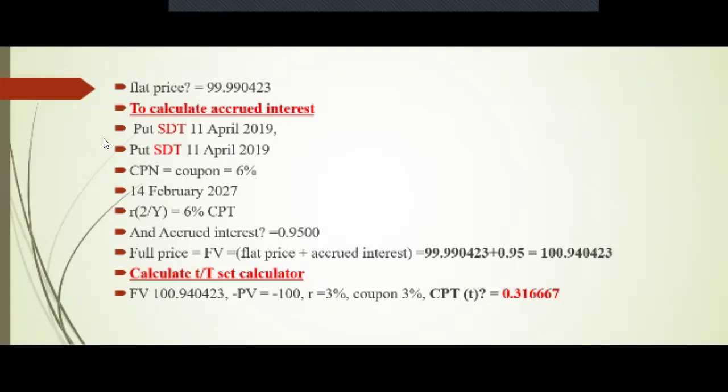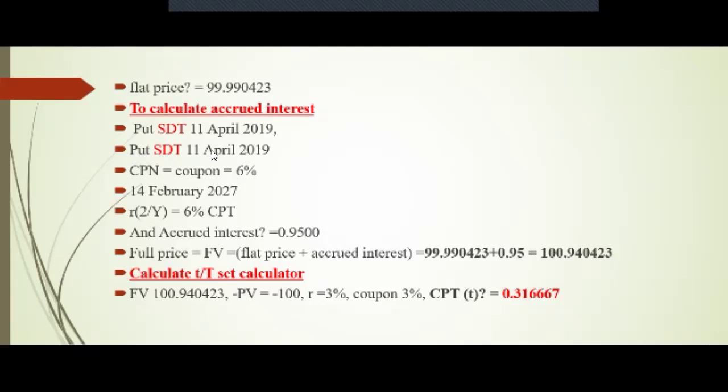If we need to calculate small t divided by capital T in the calculator, we will put the future value equal to the full price, and the present value, which we already calculated as 100, and the interest rate is 3 because it's semi-annual.